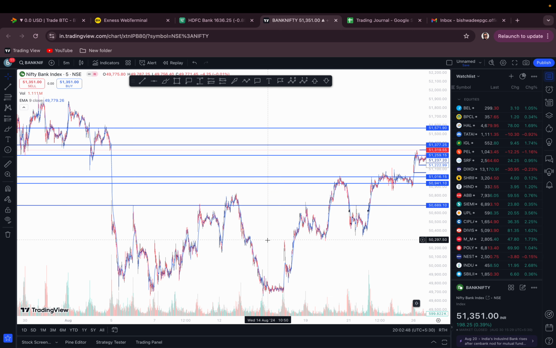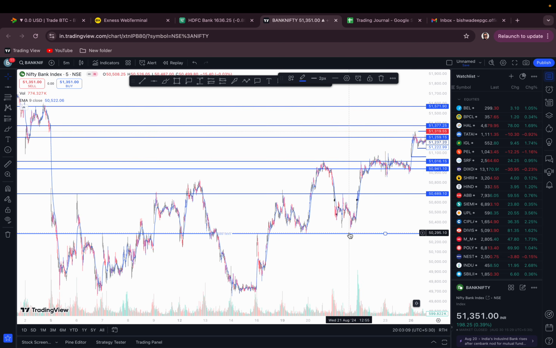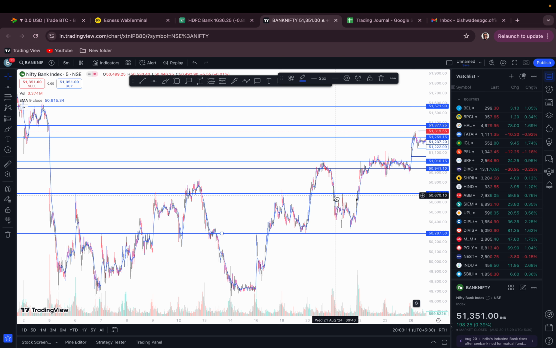I'll show you. Let me, I have drawn one of the resistance lines. See here, one of the wicks and another wick is touching, right, when I put this horizontal line over here. So this becomes one of my support and one of the resistance lines.